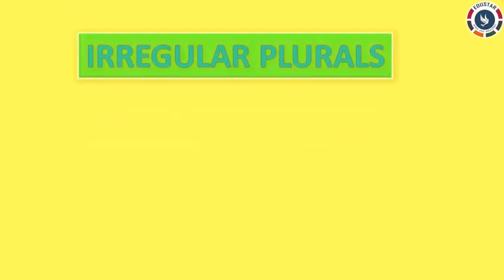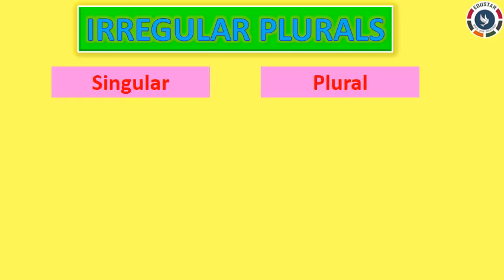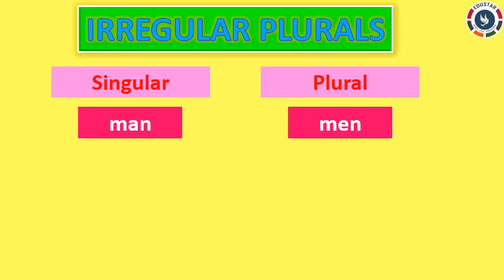Apart from these rules, there are some words that do not follow any regular rules. They are called irregular plural nouns. For example, the plural form of man is men. Child is children.